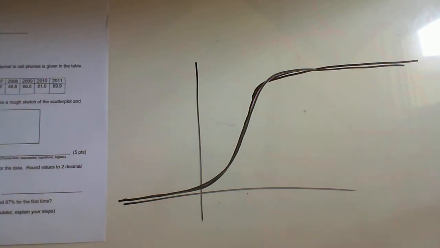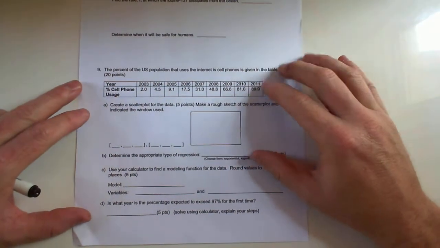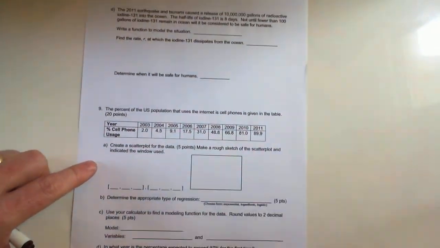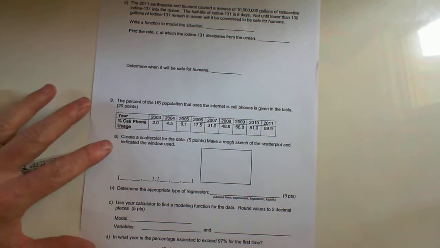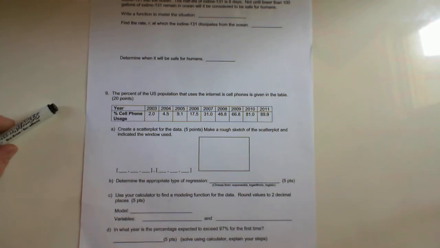And the logistic model is just in your list of regression options like everything else in every other regression problem that we've done. So let's real quick just take a look at this particular model. This problem reads that the percent of the U.S. population that uses cell phones is given in the table.